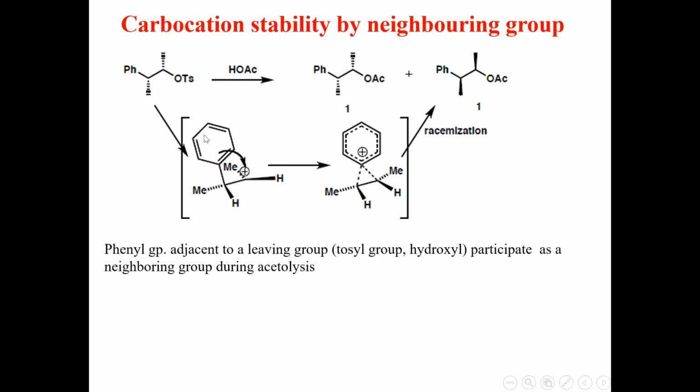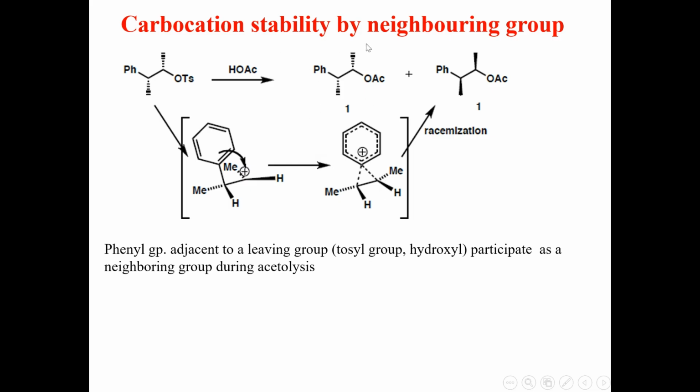On the adjacent carbon to this carbocation there is a phenyl group, and the phenyl group double bonds are shared with the adjacent carbocation, and a bridge is formed between the two carbons. That's why they are called bridged carbocations. The phenyl group in the neighboring carbon is involved in the stabilization of the carbocation. There is an involvement of the neighboring group, that's why the carbocation gets stabilized.